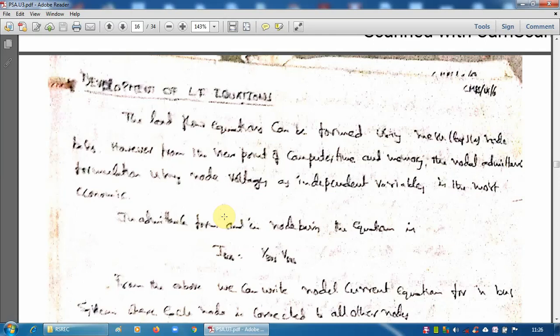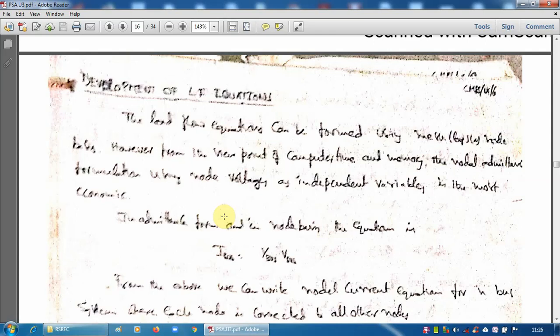The load flow is nothing but steady state solution of the network. We have already seen how to solve networks in our basic course of electrical circuits. But here the network in our hand is not such a simple network. Here it is a power system network with very huge data.